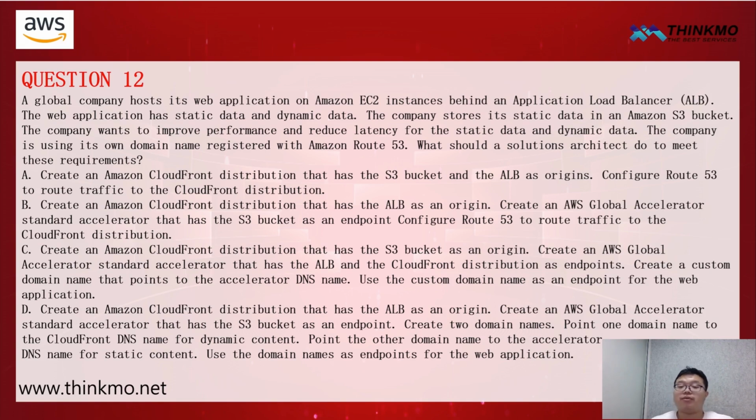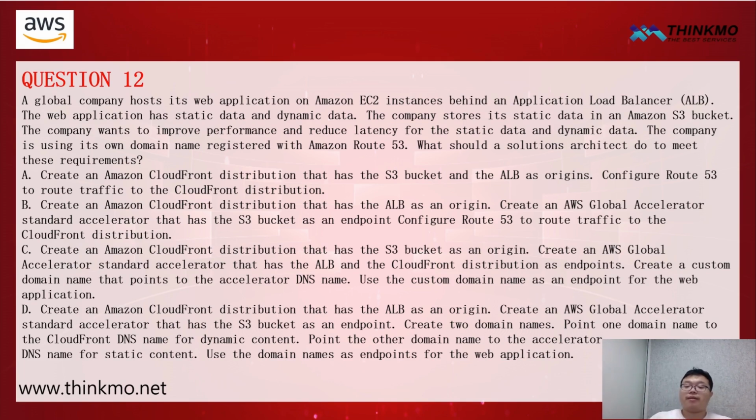Although here it mentions creating CloudFront with S3 as the origin, and then using ALB and CloudFront as endpoints, first of all, CloudFront itself is already a global service, so it doesn't need to be accelerated through Global Accelerator. Doing so actually adds unnecessary complexity.